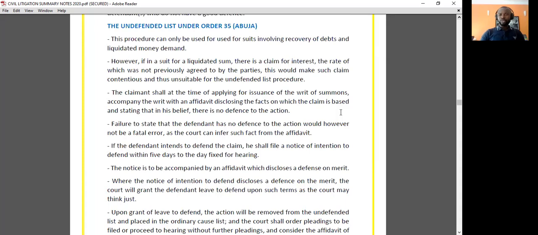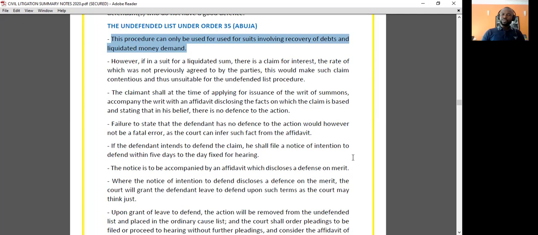Now, whereas summary judgment is used in any instance where the claimant believes the defendant does not have a good defense, you'd find that the undefended list procedure is used only for suits involving the recovery of debts and liquidated money claims. All right, so it's strictly used in those circumstances where it's about recovery of debt.